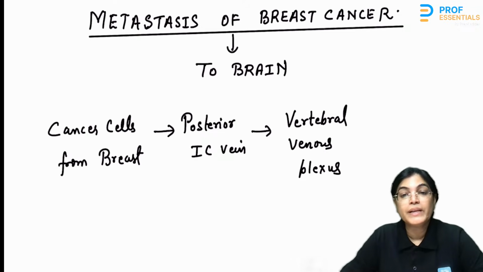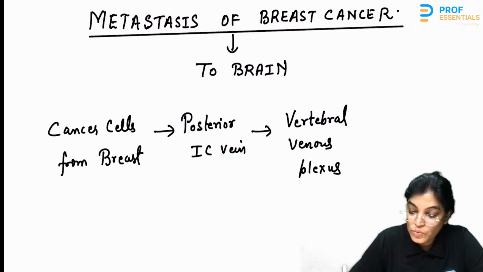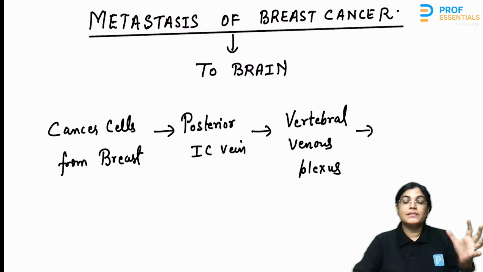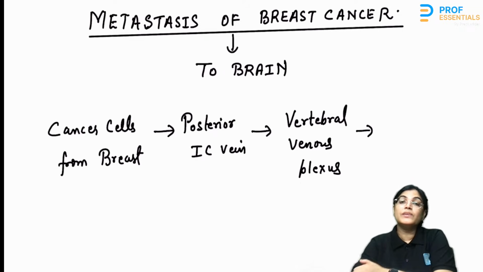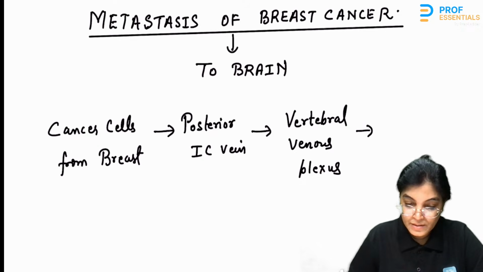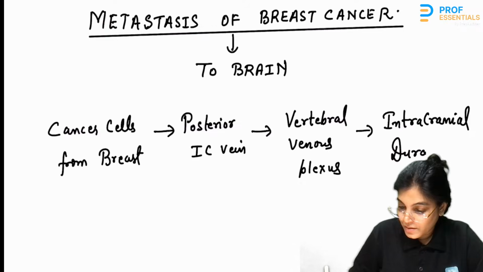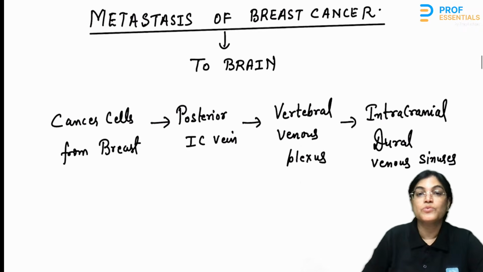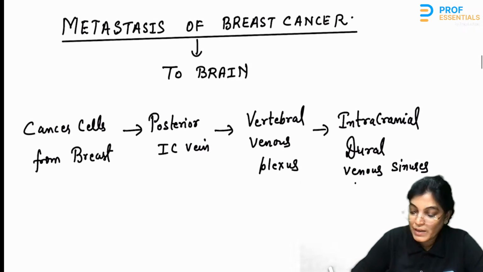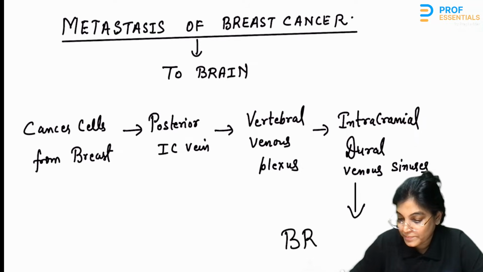This vertebral venous plexus will drain into the intracranial dural venous sinuses, and the intracranial dural venous sinuses will carry the breast cancer cells to the brain. And my dear, this is an important route via which it will ultimately be draining into the brain.